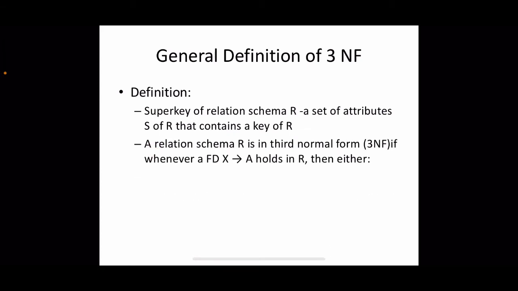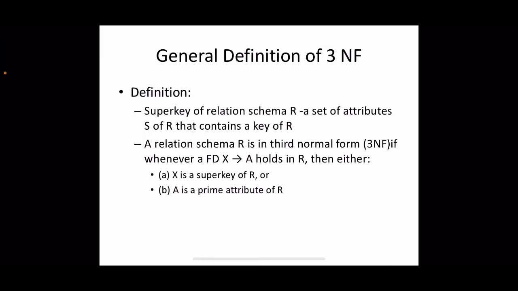The definition of third normal form: a relation schema R is in third normal form if whenever a functional dependency X determines A holds in R, then either X is a super key of R, meaning this left hand side should contain a candidate key, or A should be a prime attribute.